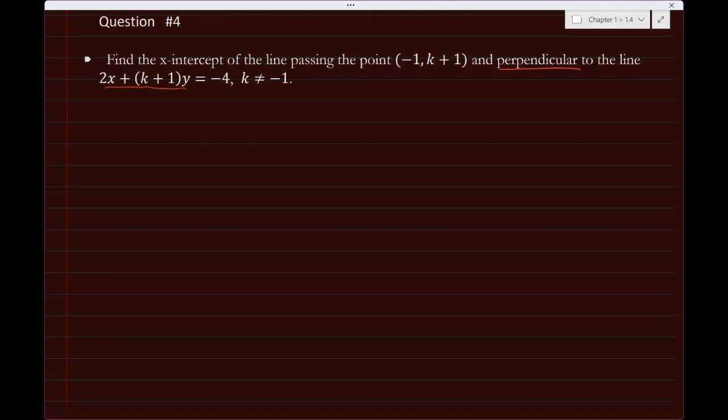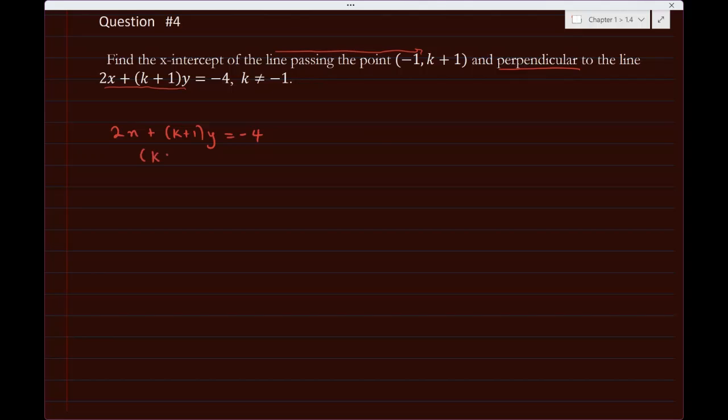So we have two lines. We have this line, which passes through this point, and we have another line, which is this one. So this is already an equation of a line, so let's start working with this one. This one is 2x plus (k+1)y equals -4.